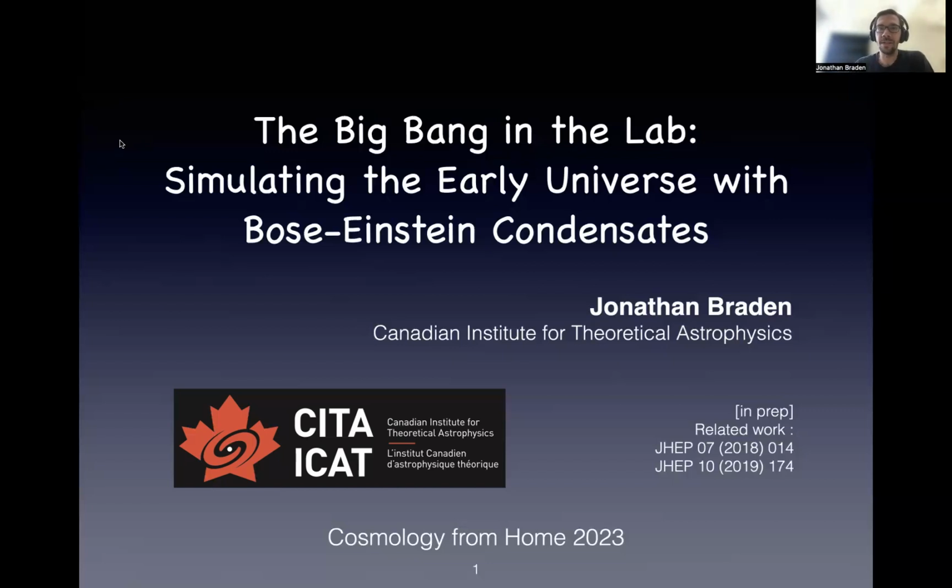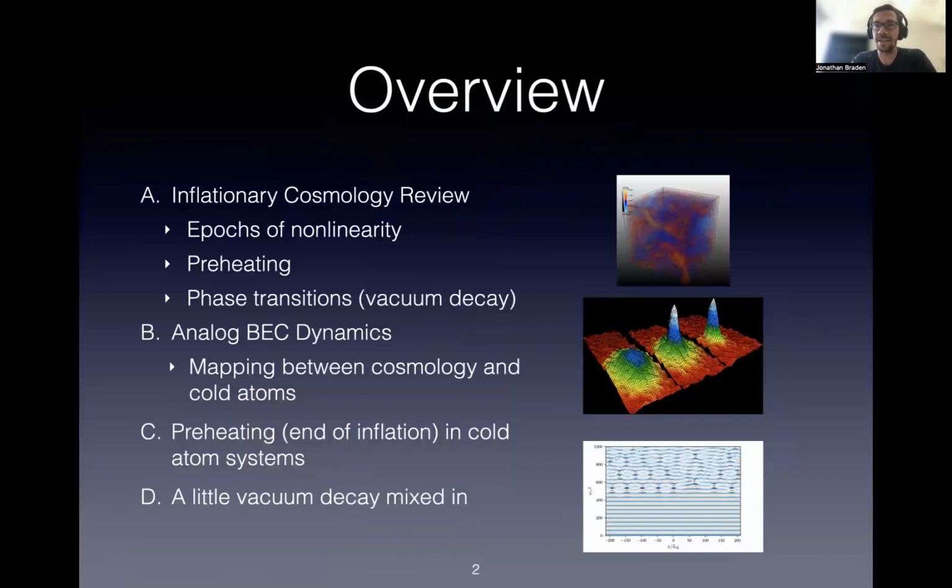Okay. So before I dive into details, just a quick overview of what I'll be talking about today. I'll start by giving some context, specifically about what parts of early universe cosmology I'm interested in, and inflationary cosmology.